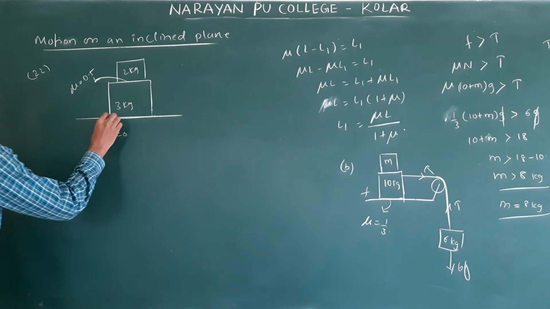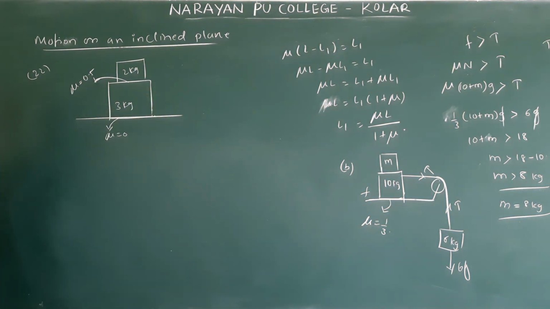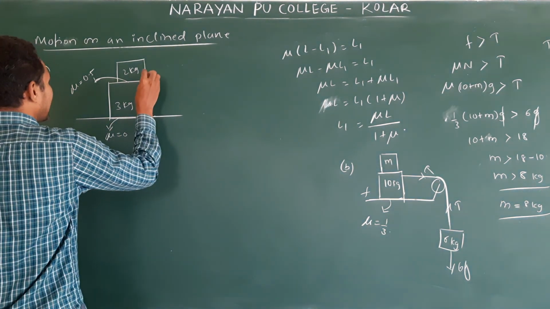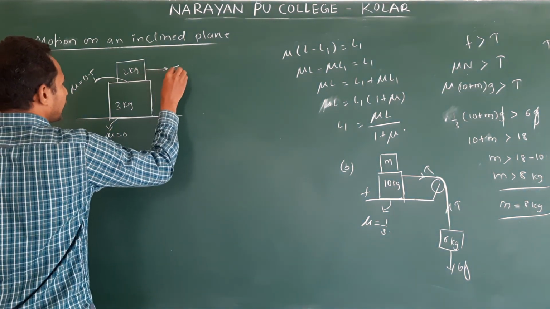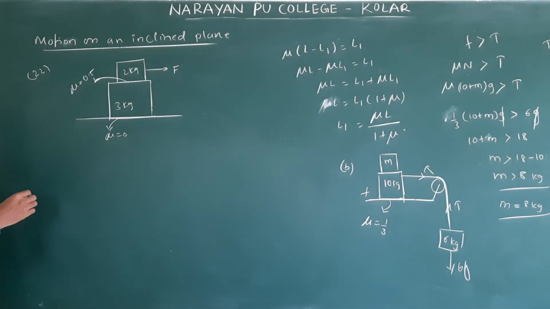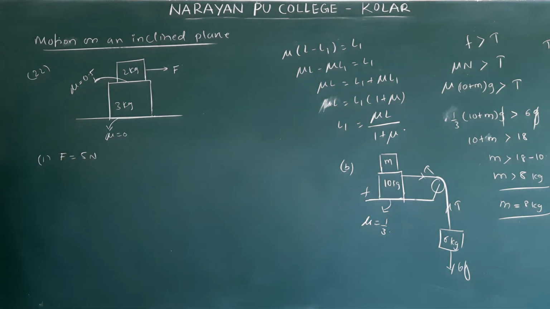There is no friction here. If you apply the force on the 3 kg block, it will move because there is no friction below. But they are applying the force on the 2 kg block. First they are asking for F equal to 5 newtons.